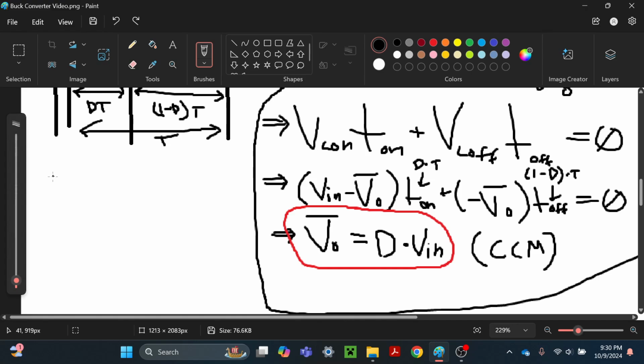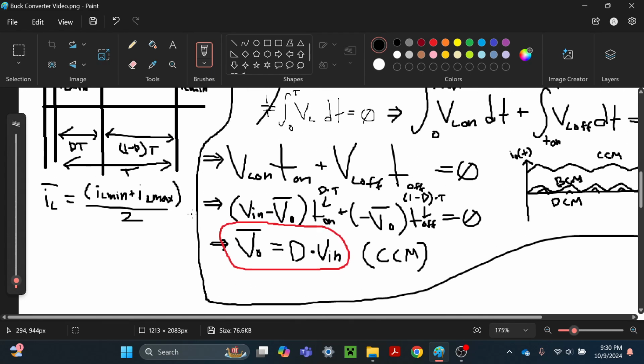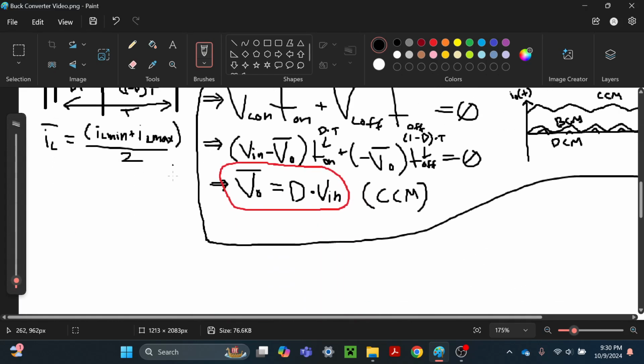So I'm just going to shorten it and forget about the algebra and just tell you that IL average is actually equal to IL min plus IL max divided by 2. So it's basically just the average value of IL min and IL max.